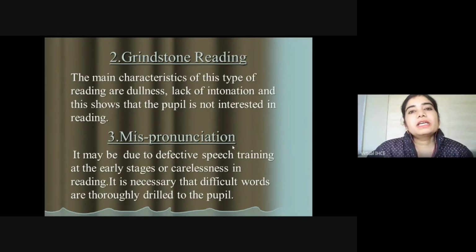So if the teacher makes mistakes in pronunciation, the students will also do that. So it may be due to the defective speech training at the early stages, or carelessness in reading, or maybe the student has not heard properly what the teacher is saying or how the teacher is pronouncing a word. So that is why, because of that carelessness, the child is not able to pronounce the word properly.